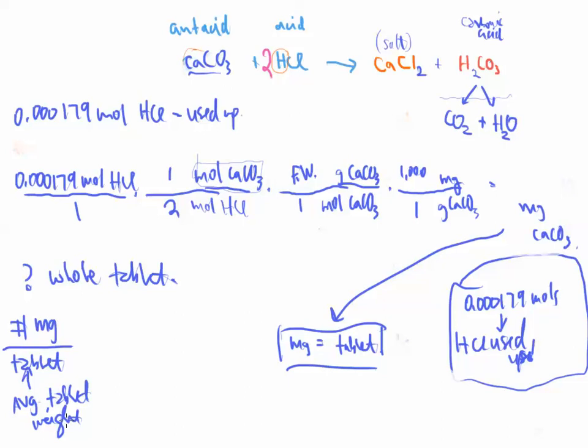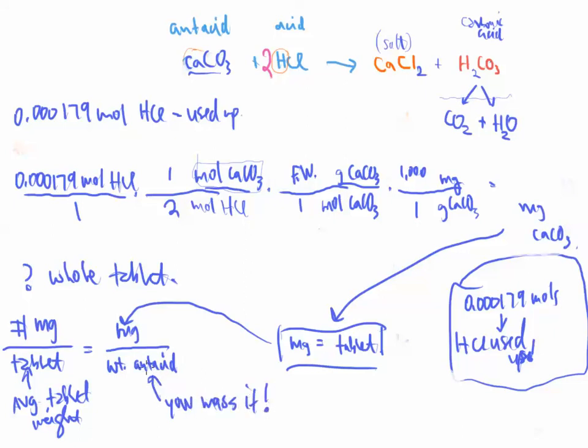The label itself says how many milligrams there are in a tablet. So we average that weight out. You know how many milligrams you've gotten based on your calculation. And you know how much weight you started with as far as the antacid goes from the very beginning. You weighed it, or you massed it. This was my original number right here.